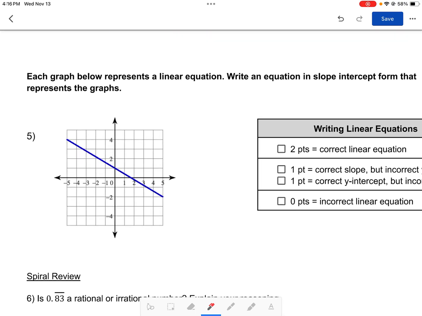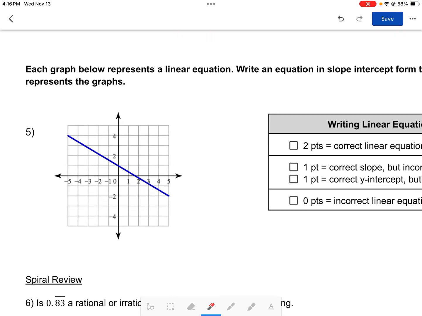Looking at number 5, I'm going to go ahead and find my y-intercept. On this graph, I see it is right here. Again, my b and my m. My b is 1 because that blue line crosses the y-axis at 1. My slope, I am going to find where that crosses the points exactly.